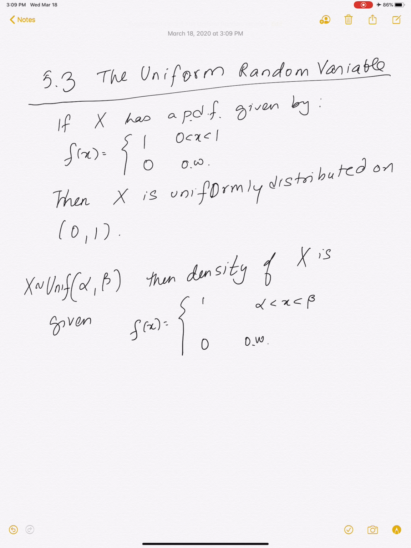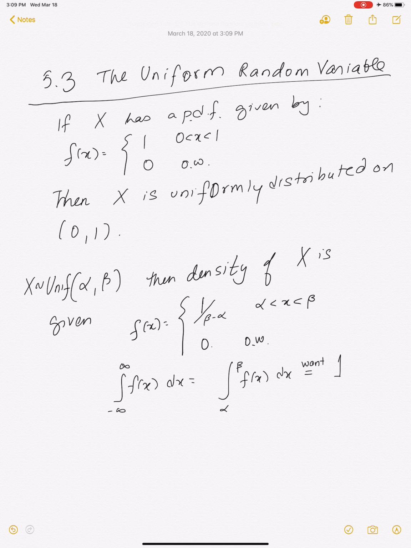But if you put 1 and you integrate this function over the interval alpha to beta, you will get beta minus alpha. But really, you do want the integral from minus infinity to infinity of f of x dx, which in this case, because it's 0 outside, is the integral from alpha to beta of f of x dx, to be 1. So what do you need? You need that it's not just a constant 1, but 1 over beta minus alpha.